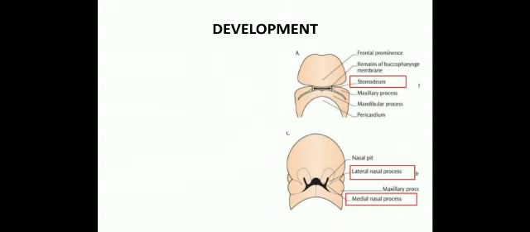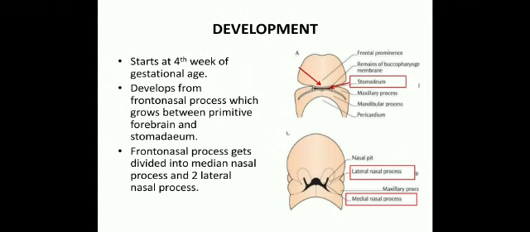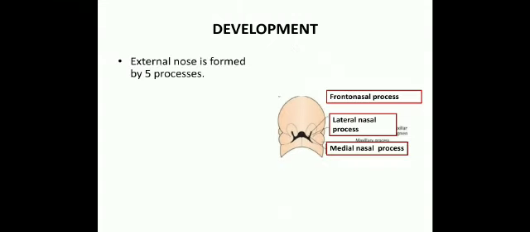Development of the nose starts at the 4th week of gestational age and it develops from the frontonasal process, which grows between the primitive forebrain and the stomatodeum. The frontonasal process gets divided into the median nasal process and the 2 lateral nasal processes.